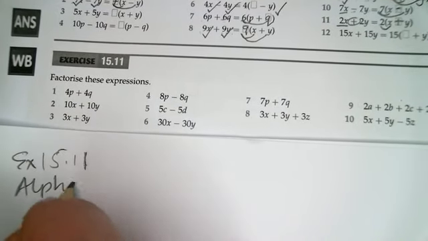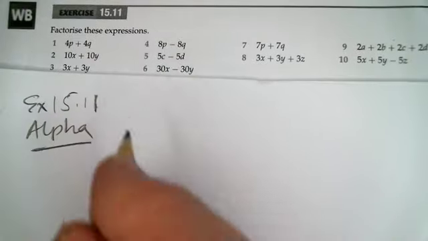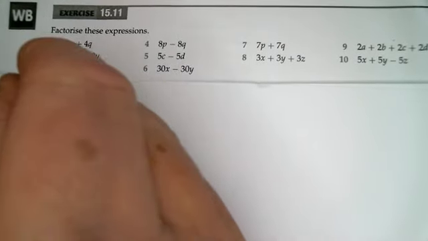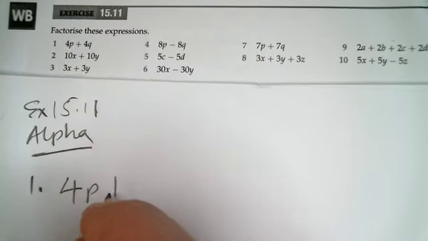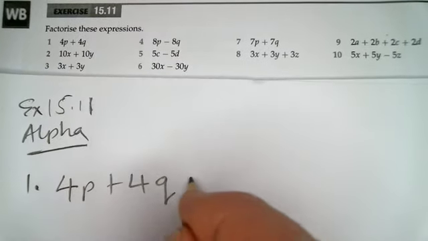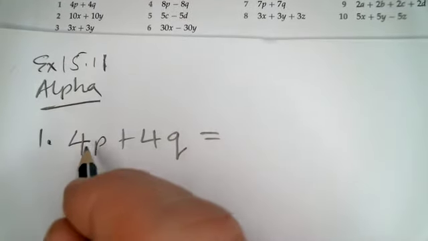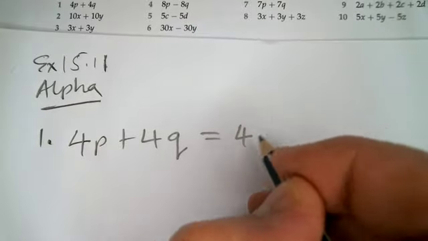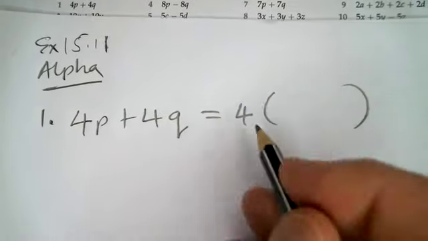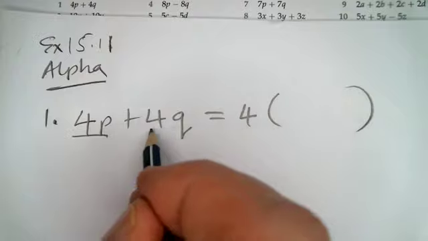Alpha. Okay, nice. So here we've got question 1. We've got 4p plus 4q. And the question is, what's common to these? Well, 4 is common. So I write 4 outside the brackets. Inside the bracket, I'm going to have 2 terms.